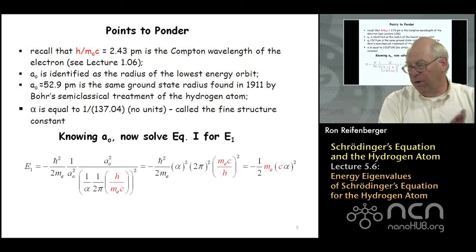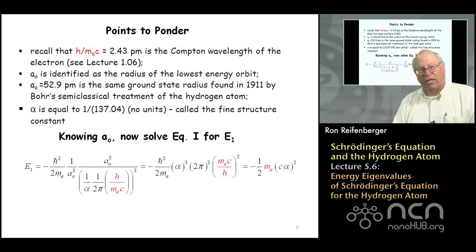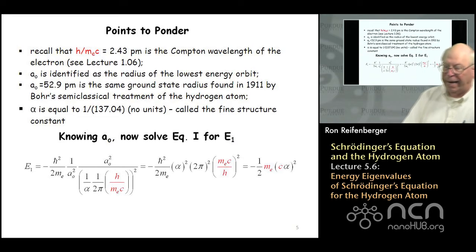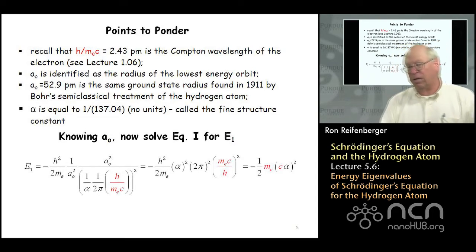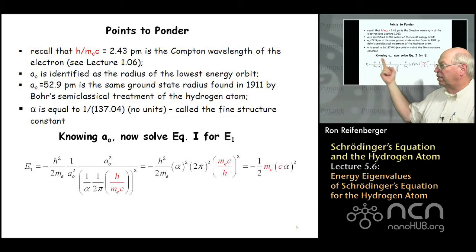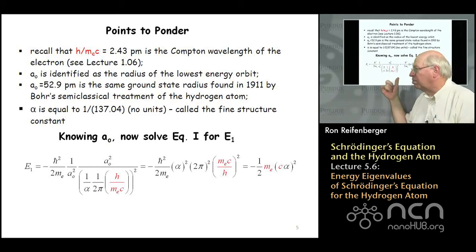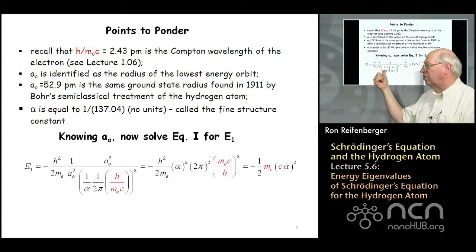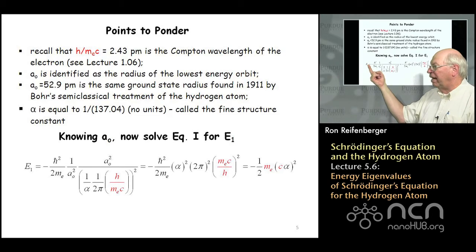Truly a remarkable result. Once you have an expression for A0, then you can go back and evaluate equation 1 and calculate what the energy eigenvalue is. So that's just going to be E1, and it's going to involve an expression for A0. I get rid of A0 squared because I want to express the energy eigenvalue E1 in terms of fundamental constants.